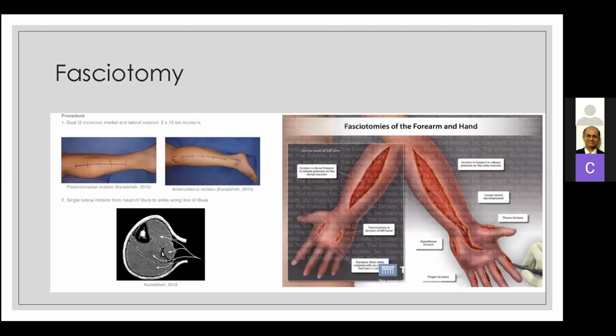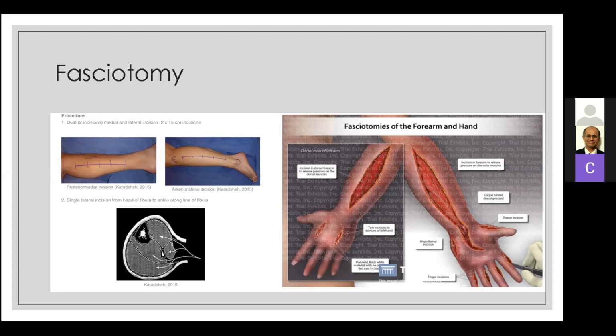This is just to mention the different incisions for the limb compartment syndrome. The ones that have been described for the leg, there are two basically. You can either do 2 incisions, medial and lateral. I found these pictures better because they show the surface anatomy well.